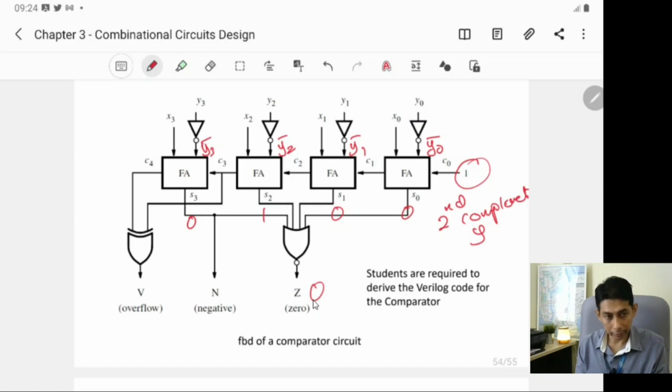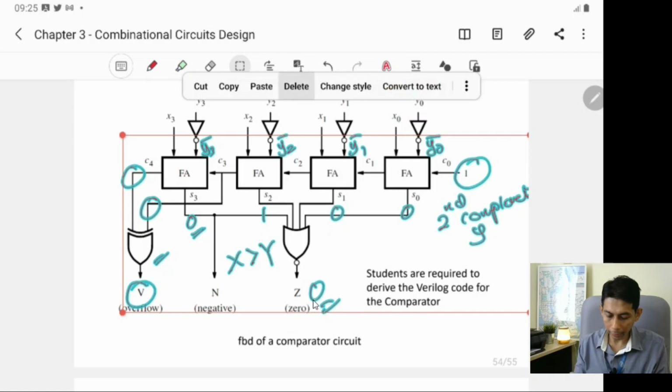If this is the result, this is 0 and this also 0, definitely x is more than y. Okay, so that is the idea, and we have another one to check whether overflow or not, which is using the XOR gate and comes from C3 and C4.